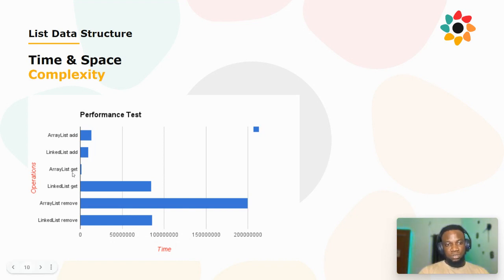When you want to retrieve from an array list, you see it's faster than a linked list. Can someone tell me why it's faster? I want to ask a question. Why do you think it's faster to get an item from an array list than a linked list? You can drop that in the chat.